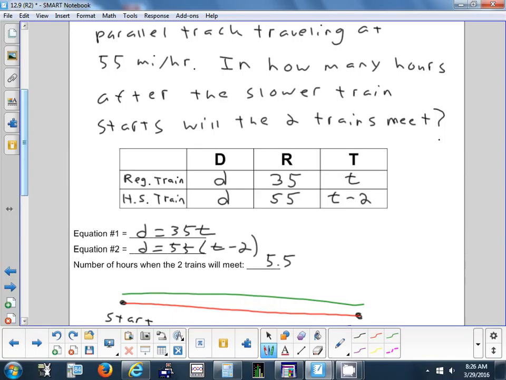If you're riding on the fast train, it would take you 3.5 hours to catch up. So those are the kind of questions I'm going to ask you as we go through, just to get you thinking about all the details of a distance problem. But that's exactly how it would be set up on the test. Equation 1, equation 2, and then your answer. Kind of like the last test.